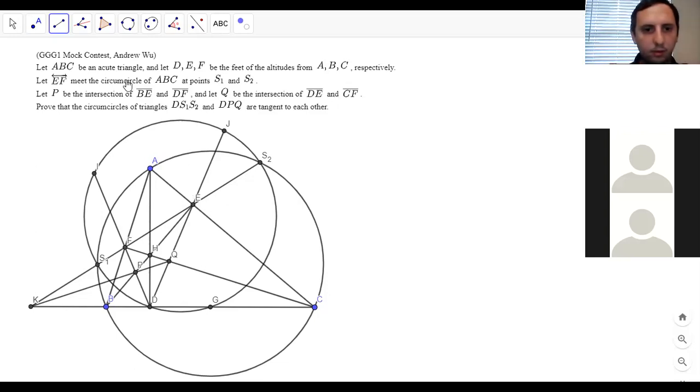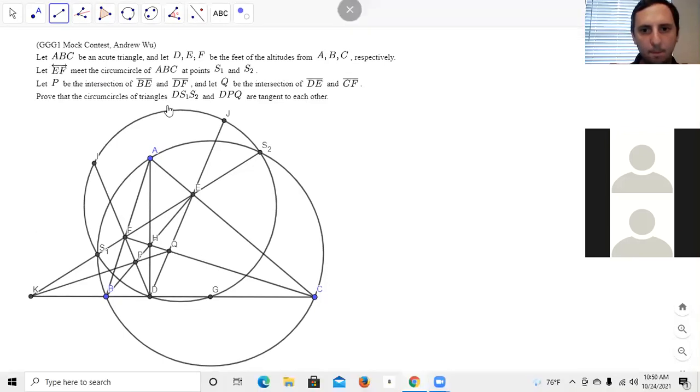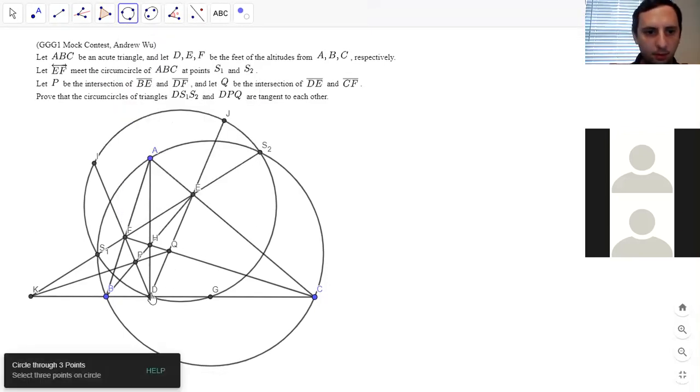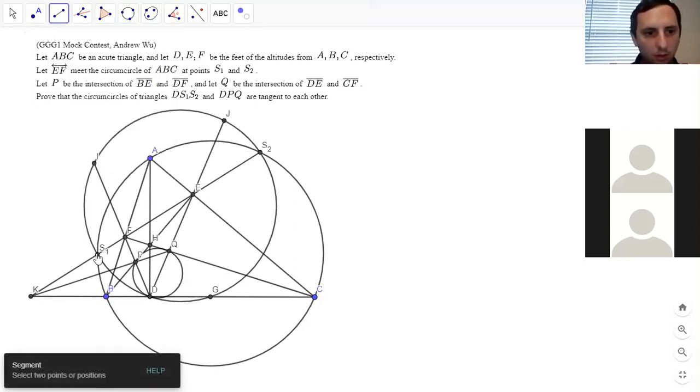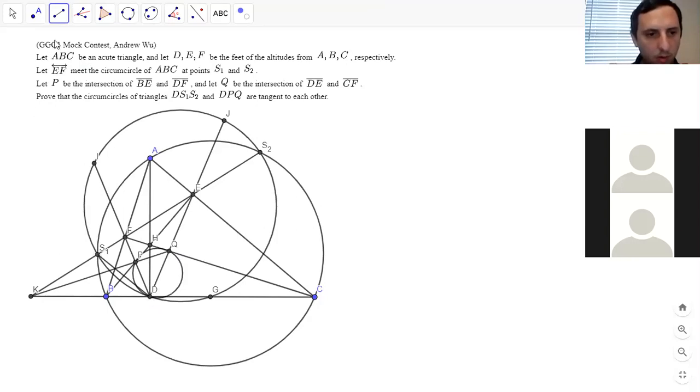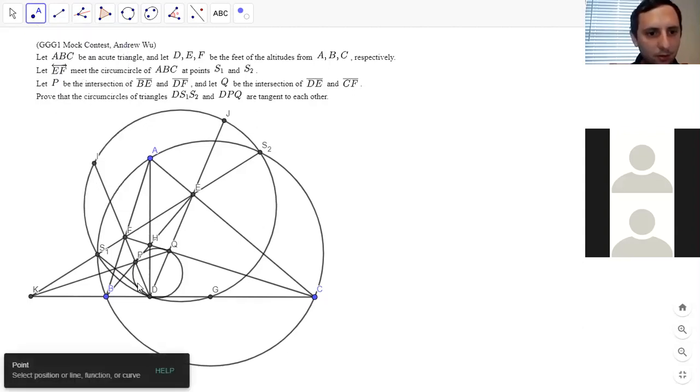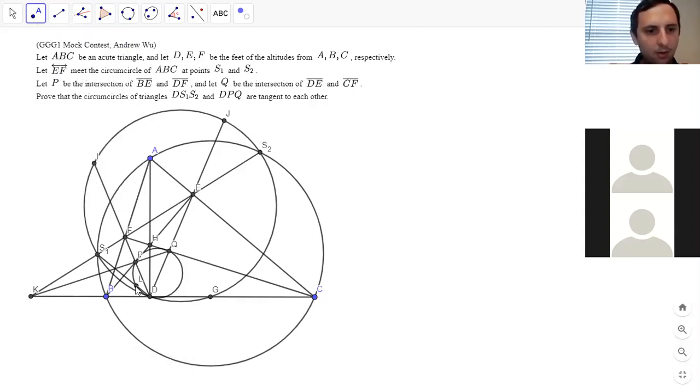Can I draw the circle? Yes. Oh, DPQ. Yeah, it looks like they concur here, right? Can you intersect it with DS2? With ES2.